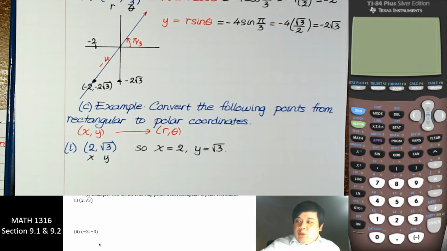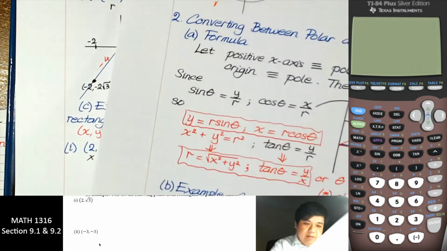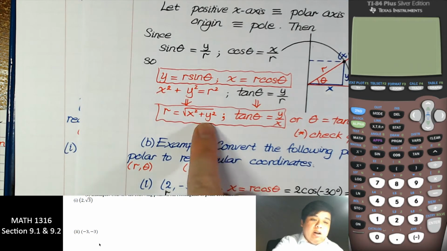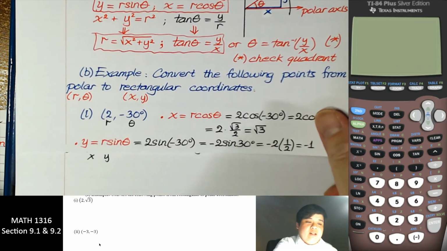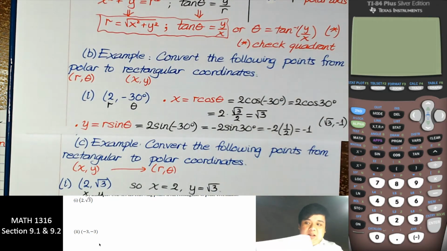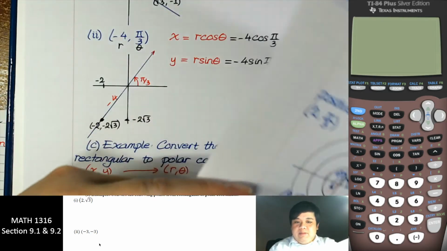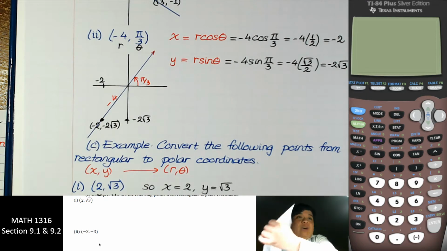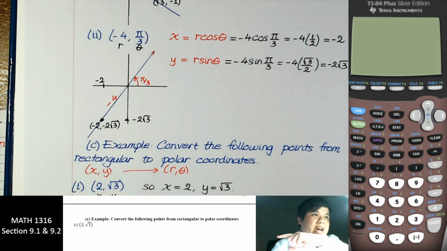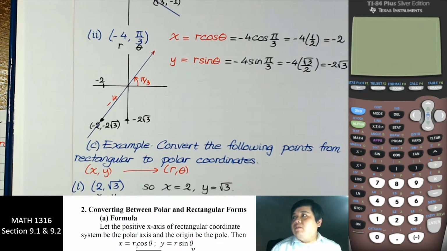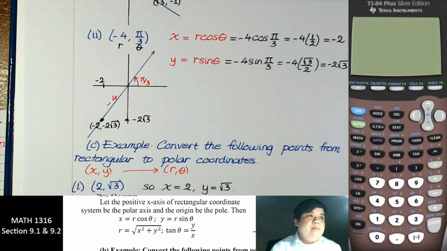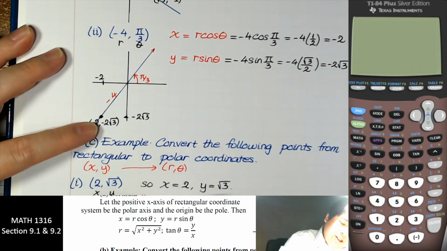First, to get to r, we're going to use that, and to get to an angle, we're going to use that. So we have r equals square root of x squared plus y squared.